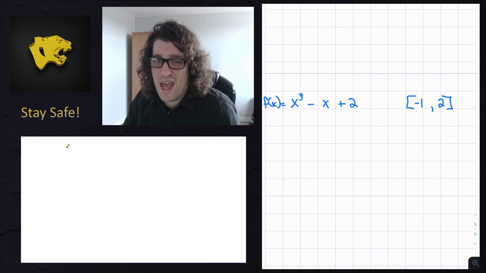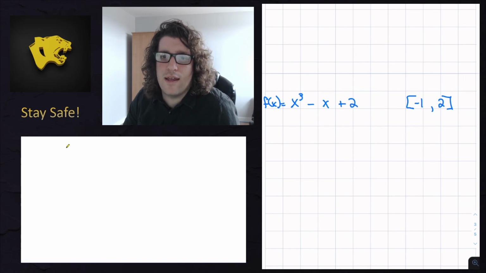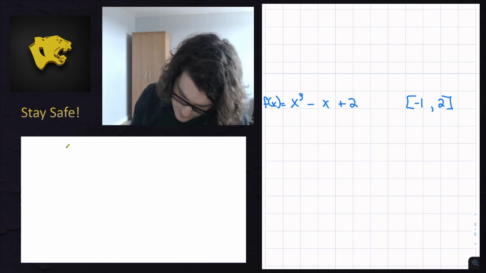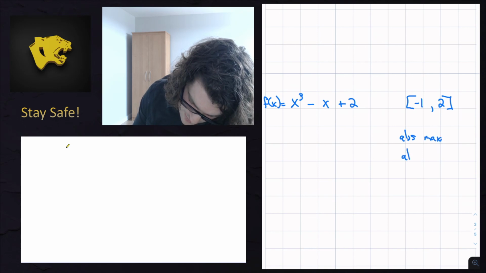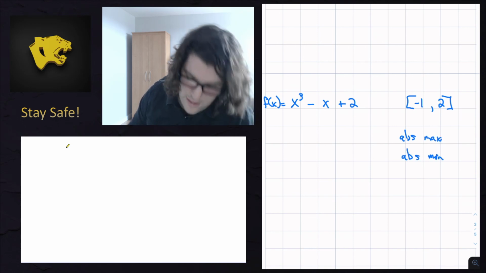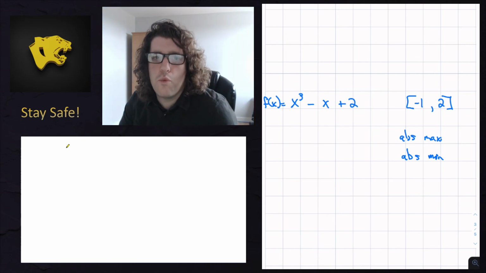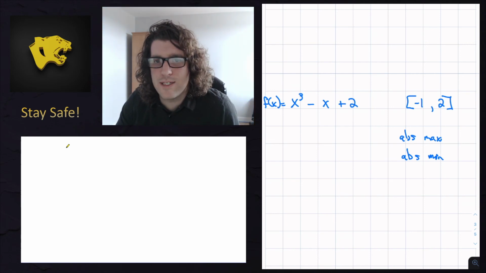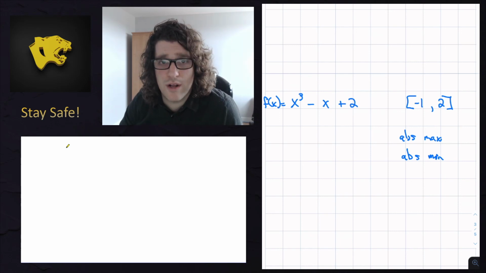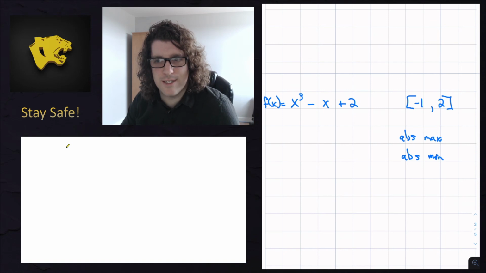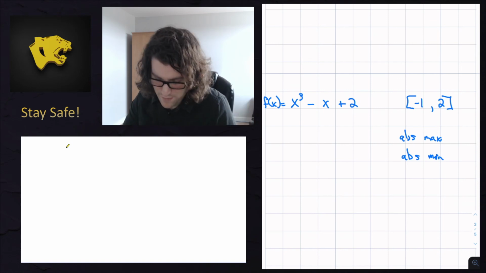So I'm looking for the absolute maximum and the absolute minimum. That's what I want to search for. So first off, we could look for an absolute max or min by testing to see if this has any interesting critical numbers during its stretch of values.